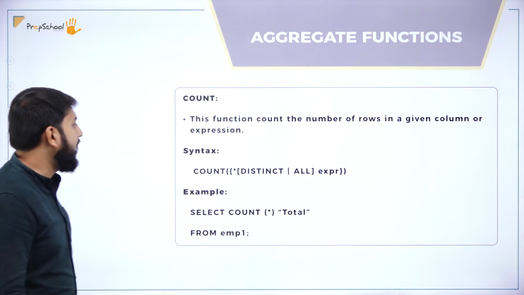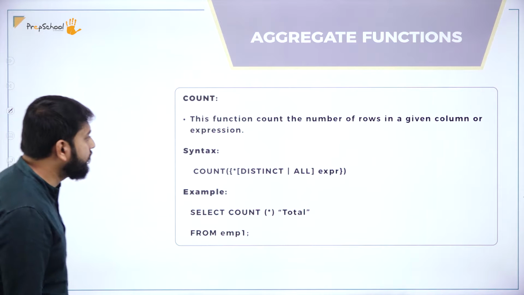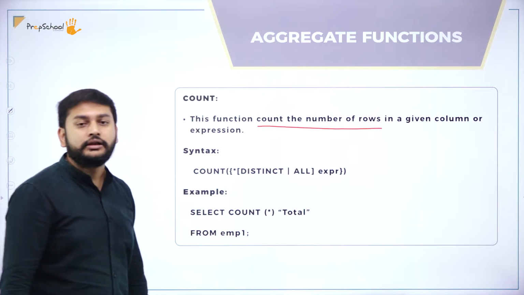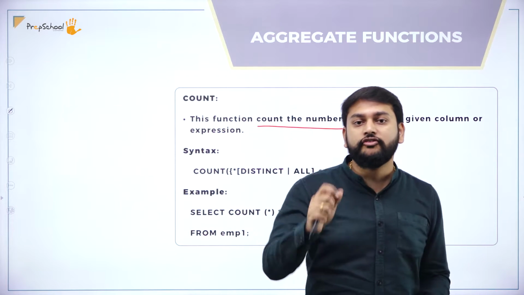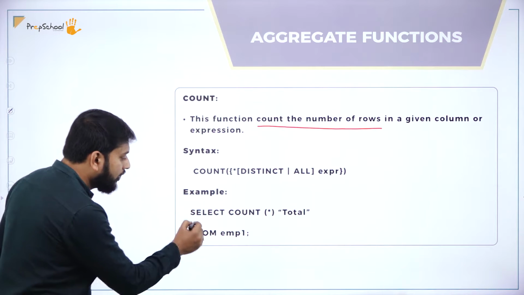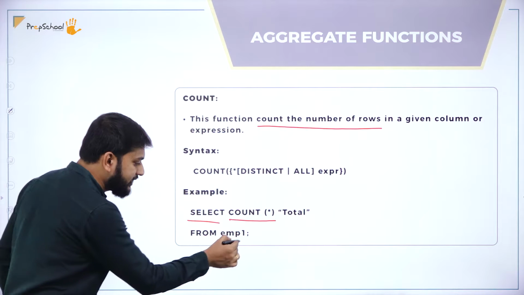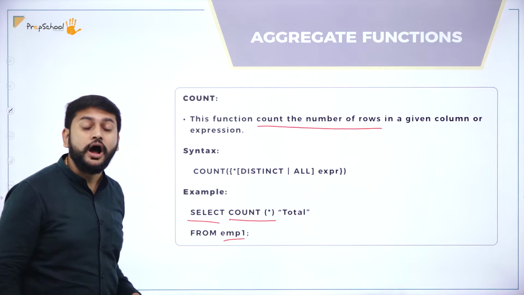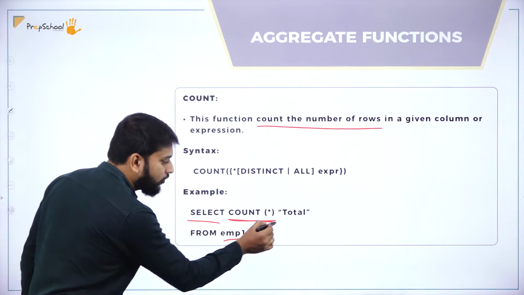Moving on to the next one, I have count. Please understand, the count function counts the number of rows in the table. If you give count star, what is it that I've given here? Select count star from this table, that is EMP1, the total number of rows that you have. How do I know? To know that, I will be using this function.